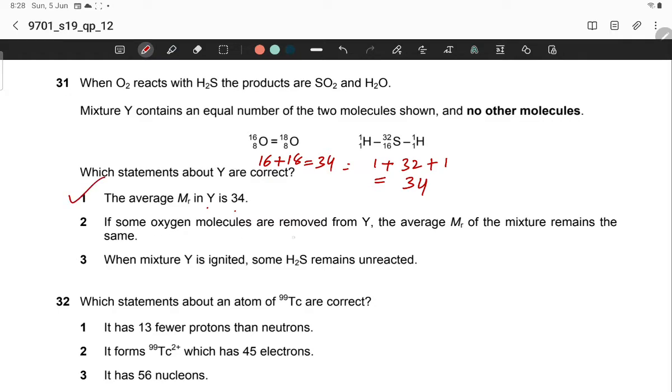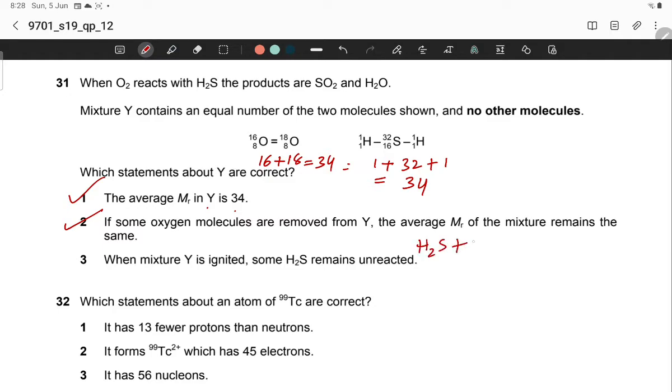If some oxygen molecules are removed from Y, the average MR of the mixture remains the same. Yes, this is also correct. When mixture Y is ignited, some H2S remains unreacted. So let's write down the chemical equation.